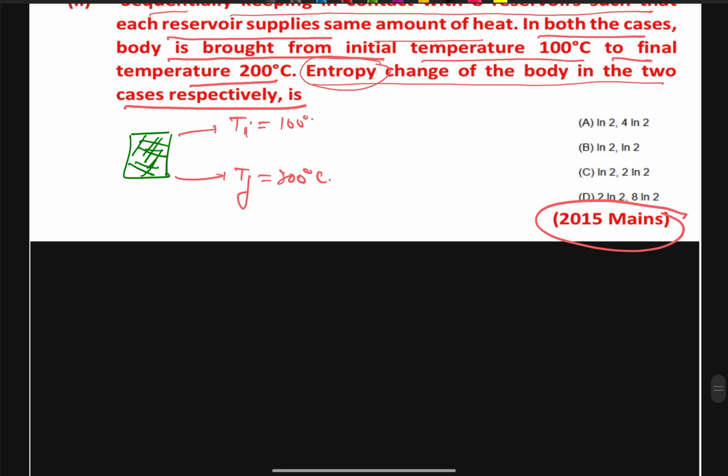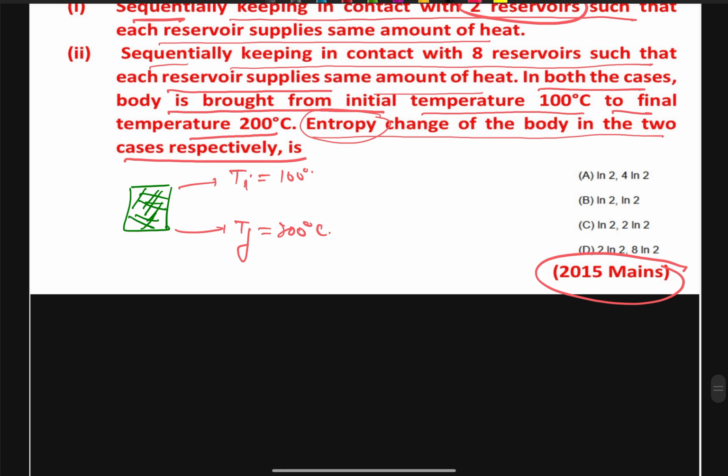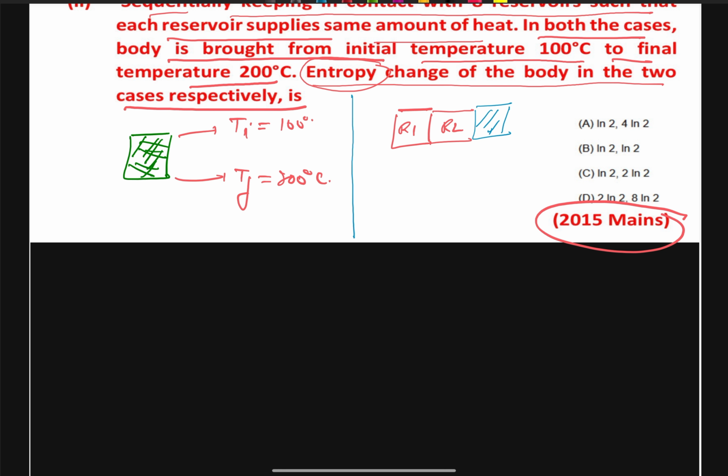It is not mentioned how the body is kept, but suppose this is the body kept in contact with two reservoirs sequentially, reservoir 1 and reservoir 2. This is my understanding.